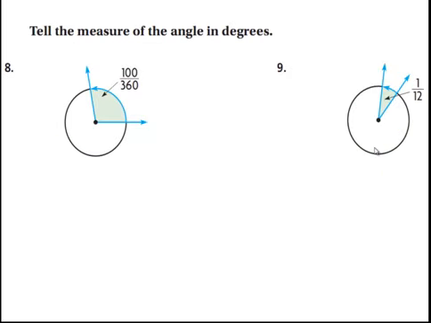Question 8. Tell the measure of the angle in degrees. He wants you to write the measure in degrees. Let's see the shaded part. What fraction does it represent? Exactly, he wrote the fraction 100 over 360.